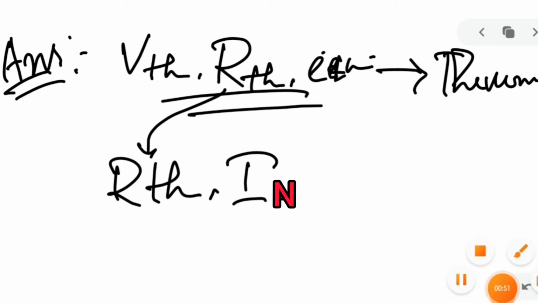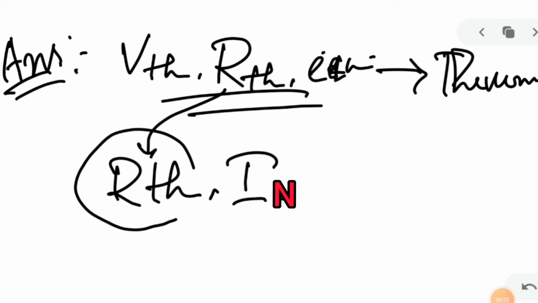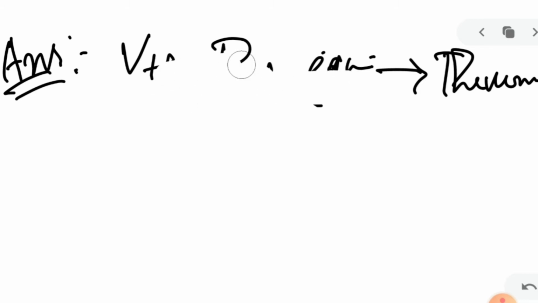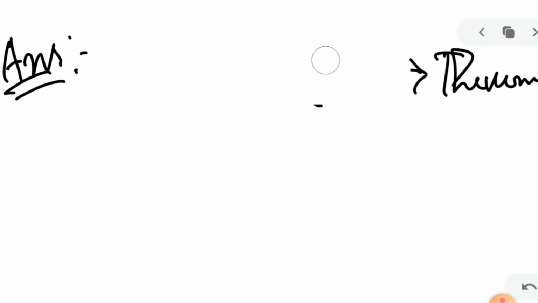First, we need to calculate the RTH. As we calculate the RTH in Thevenin's theorem, in the same process we need to calculate the RTH here. So draw the RTH circuit and then find the RTH.